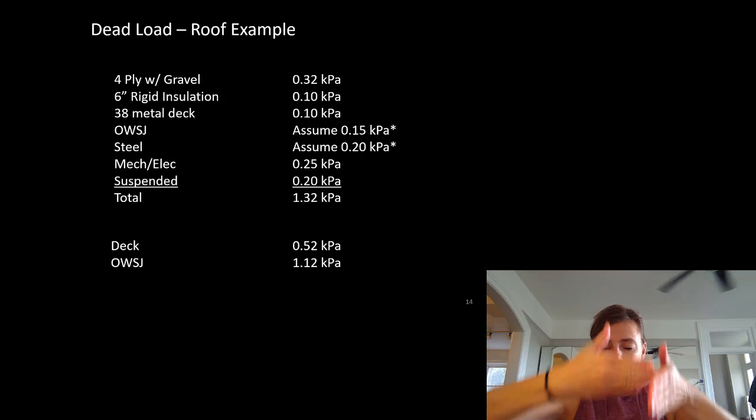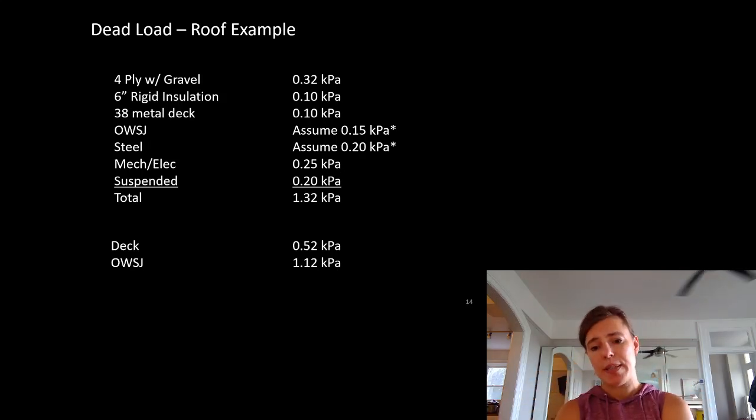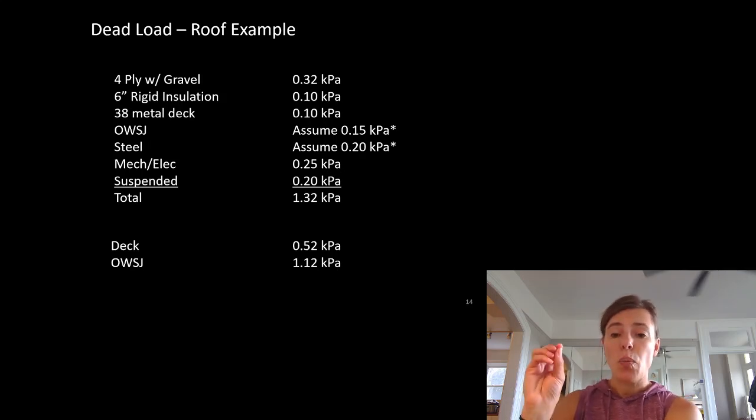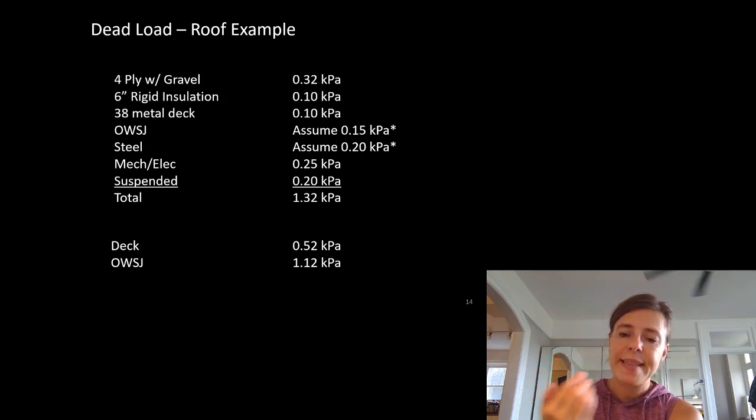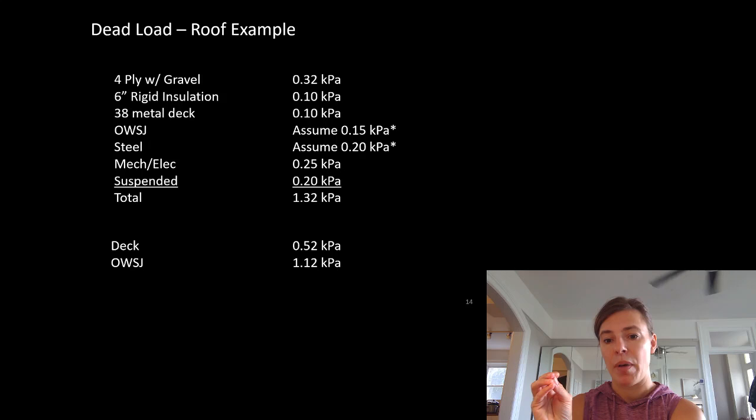The open web steel joists are spanning to the steel. So now we have to think about what weight the open web steel joist supports. This is something that I'm going to tell you, that often we hang things from our open web steel joists. So the open web steel joist wouldn't support the steel because the steel supports the open web steel joists.